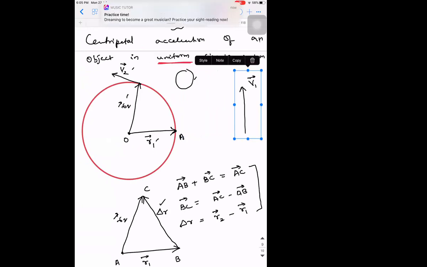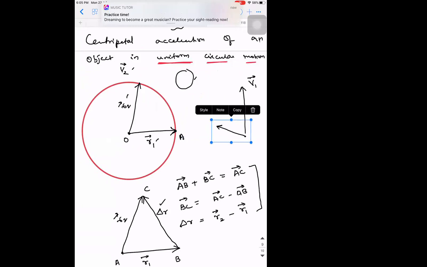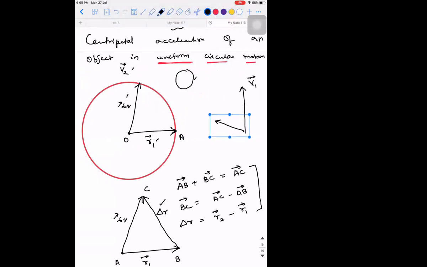Now I've taken V2 vector and I'm joining it with this like this. Did you understand what I did? So V1 vector was like this and V2 vector was like this. What did I do? I took them separately. Guys, yes or no? Are you able to understand?